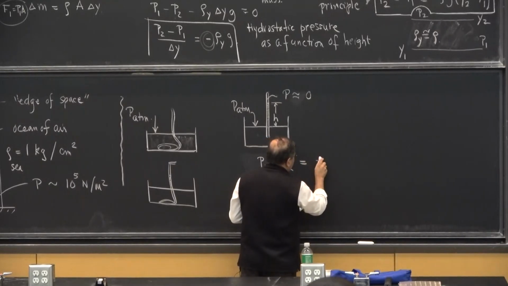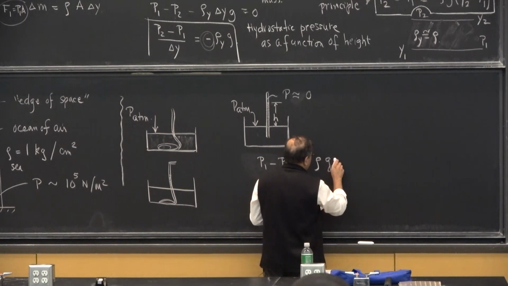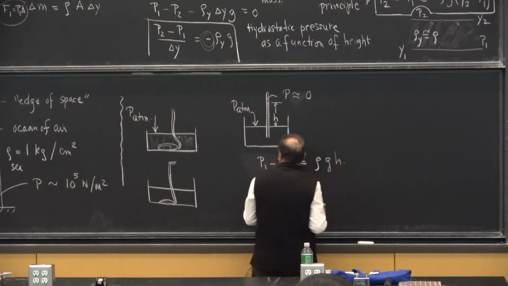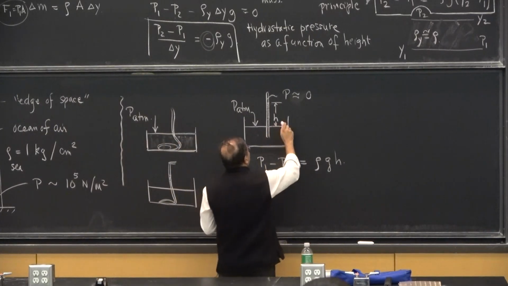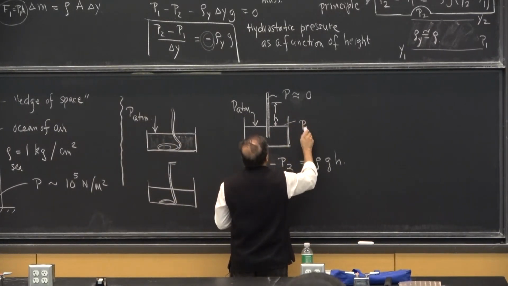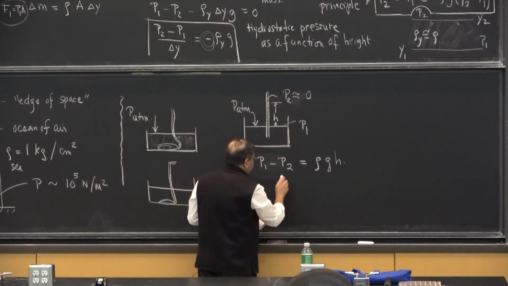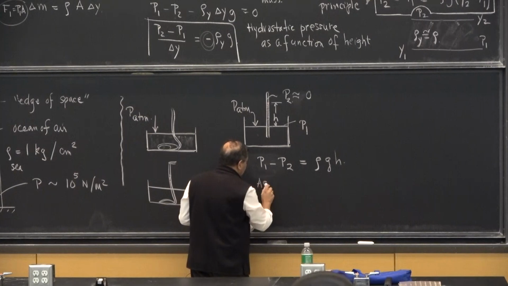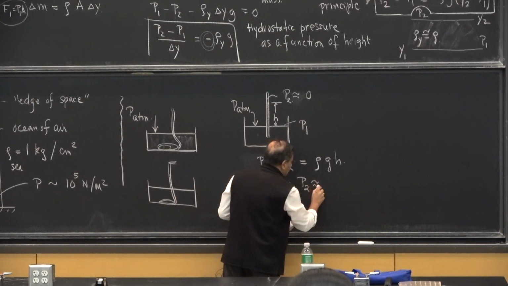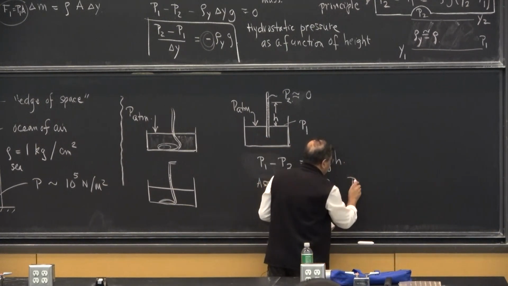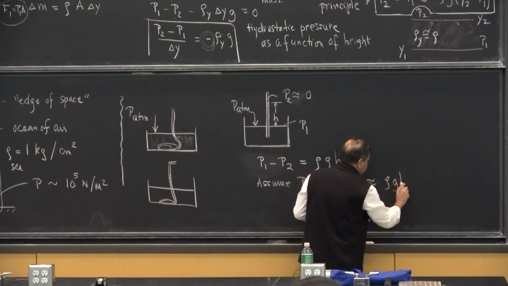On the right side, I have rho, the density of the fluid, I have the acceleration due to gravity g, and I have the height h over here. P1 is here, and P2 is this one here. Now, let's assume that P2 is roughly equal to 0, then I can write P1 is approximately equal to rho g h.